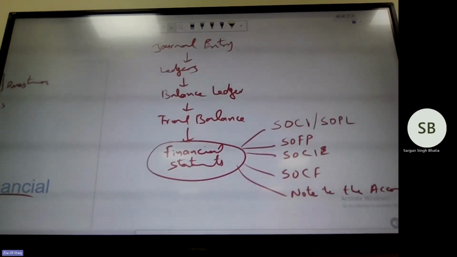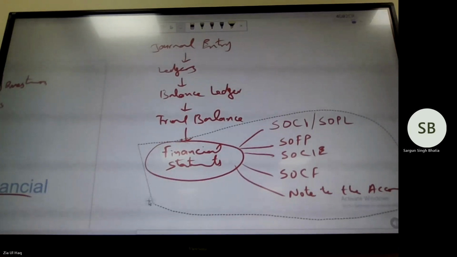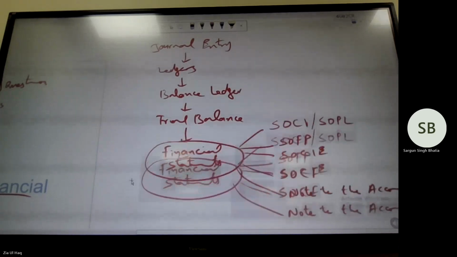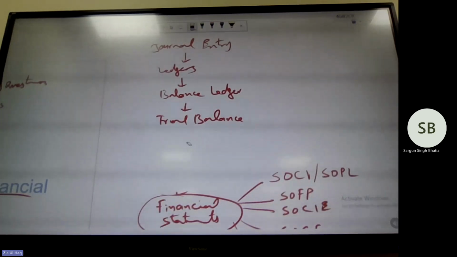You can say after trial balance, there could be some adjusting entries, year-end adjusting entries.